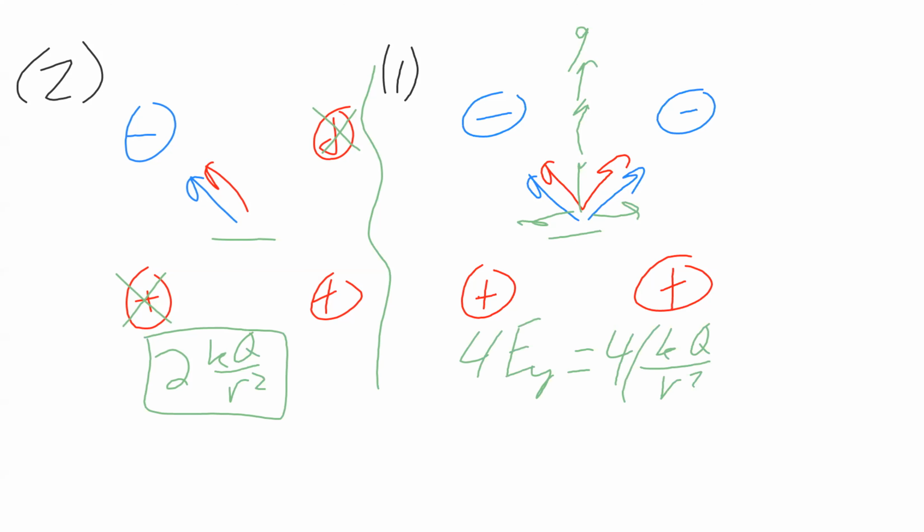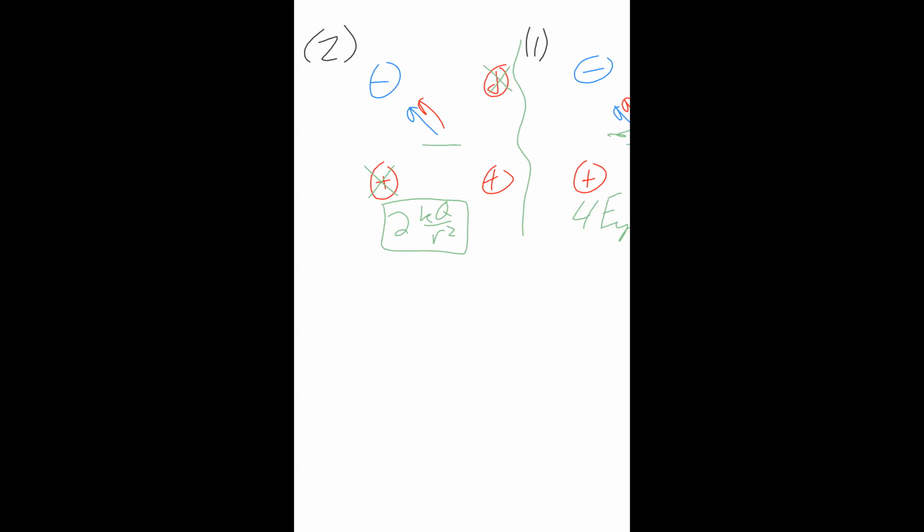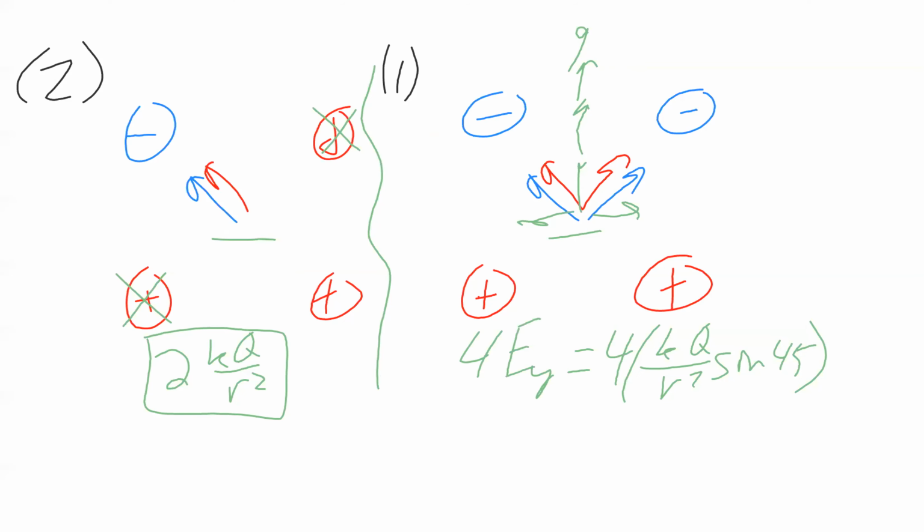Those are the same, but we can just go ahead and put in sine of 45. And sine of 45 is square root of 2 over 2. And so you could combine that square root of 2 over 2 with the 4 out in front, and that would give you 2 root 2 times kq over r squared.